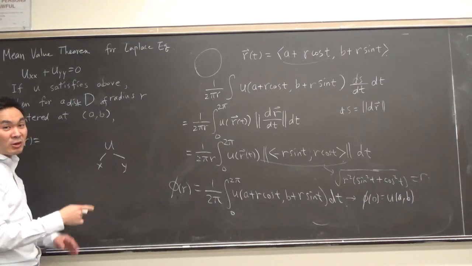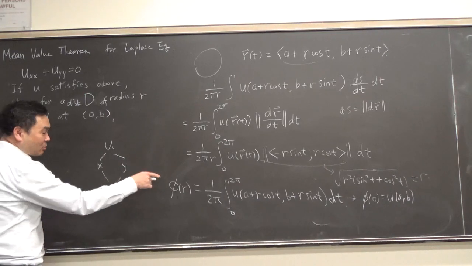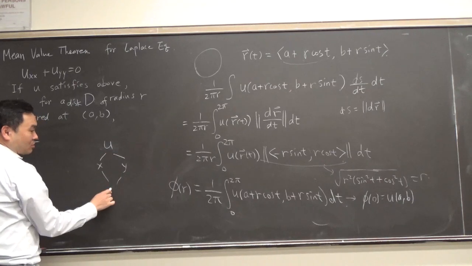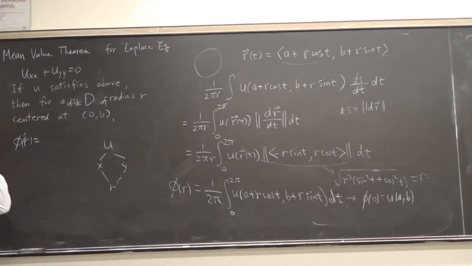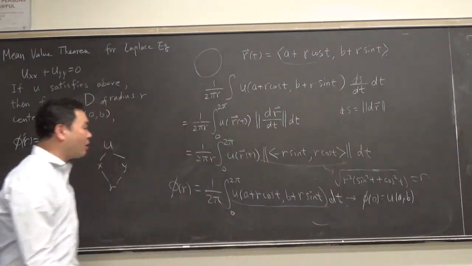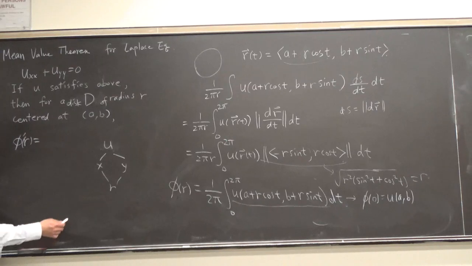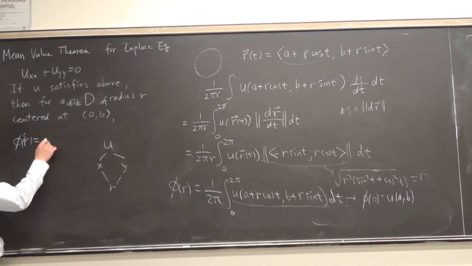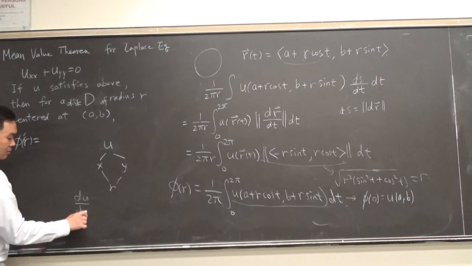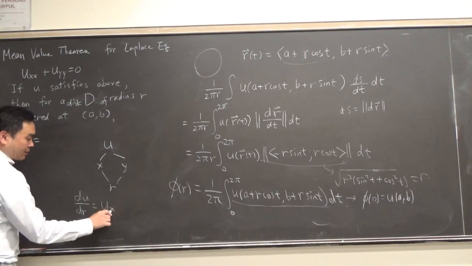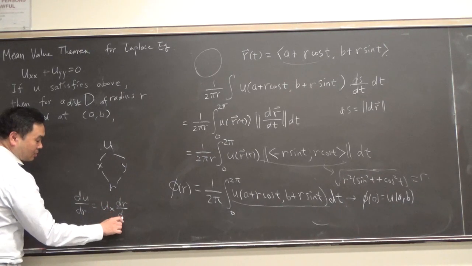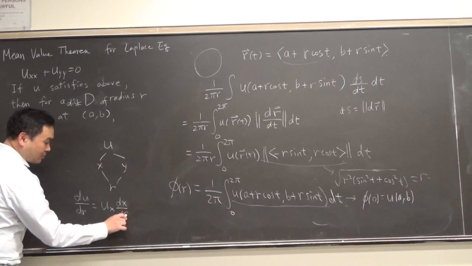Since we've integrated away the t, this integral will only depend on r. So if you do the partial derivative with respect to r, what happens? du dr would be u differentiated by x times dx dr. Is that right?